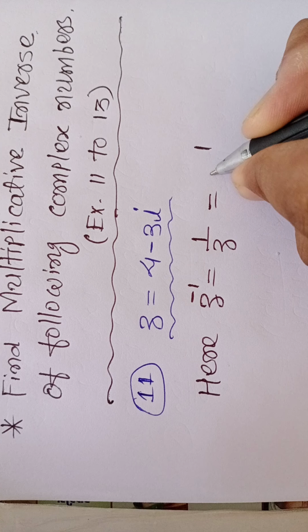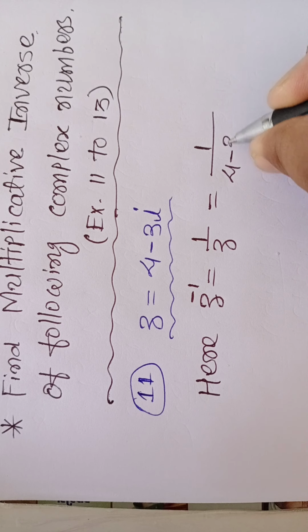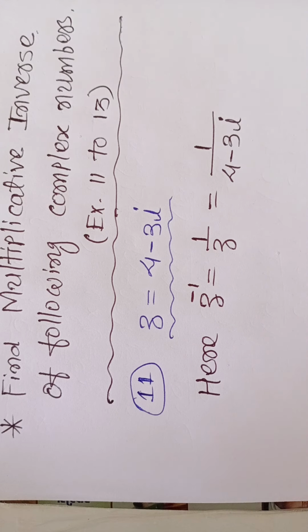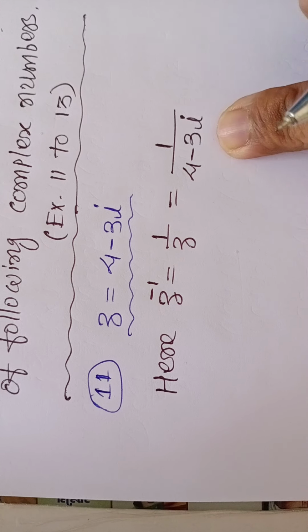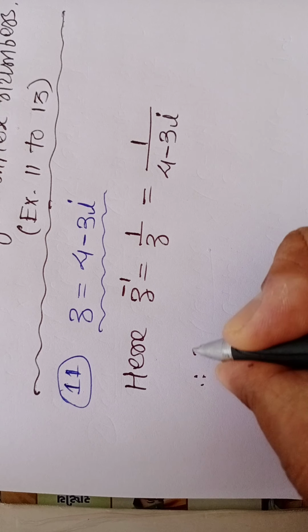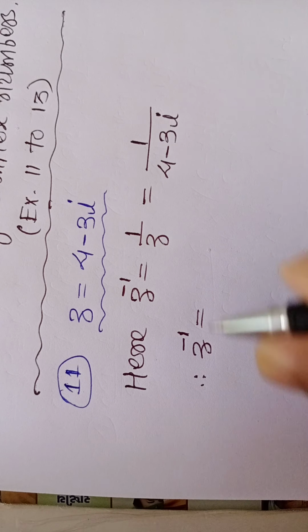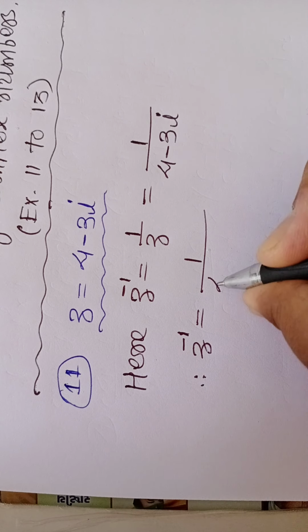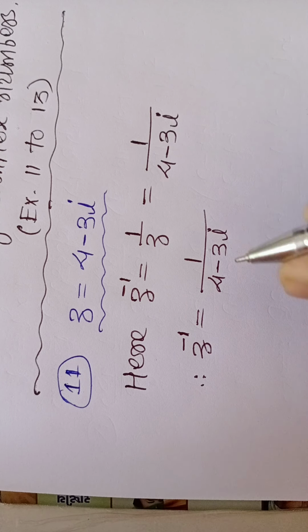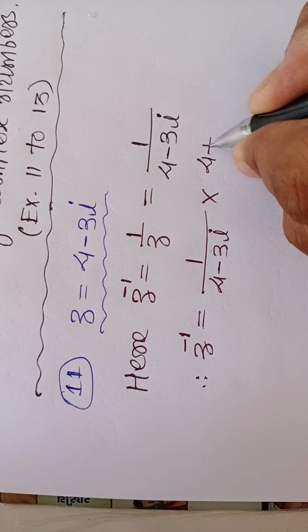So that is 1 upon 4 minus 3i. Now remember that when the denominator is a complex number like a plus ib, then we have to apply the reciprocal to it. So we take the reciprocal of it. Therefore z inverse is 1 upon 4 minus 3i, then multiply and divide with 4 plus 3i.